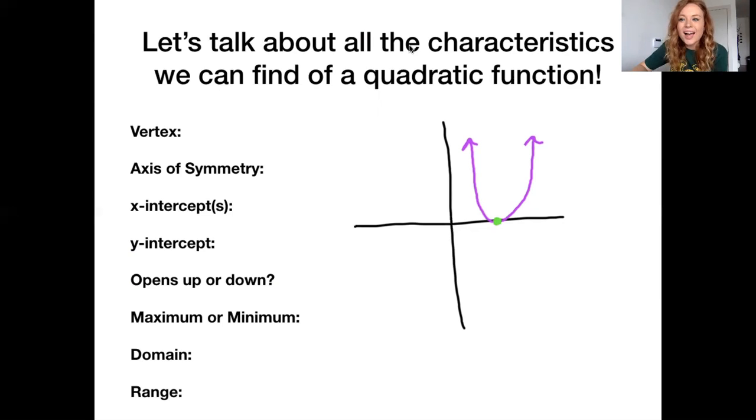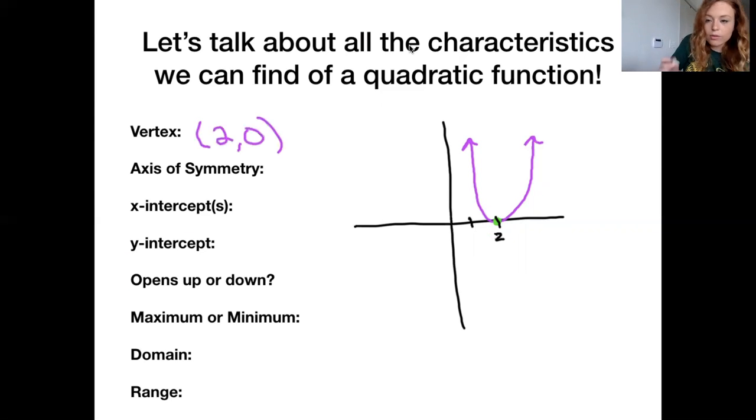Then we're going to have an axis of symmetry, which cuts the parabola perfectly in half. It goes straight through the vertex. Let's call this 1, 2. We'll call that 2 right there, so our vertex point for this graph is at (2, 0).